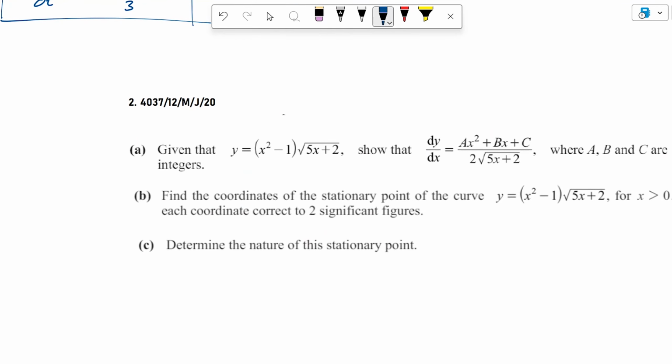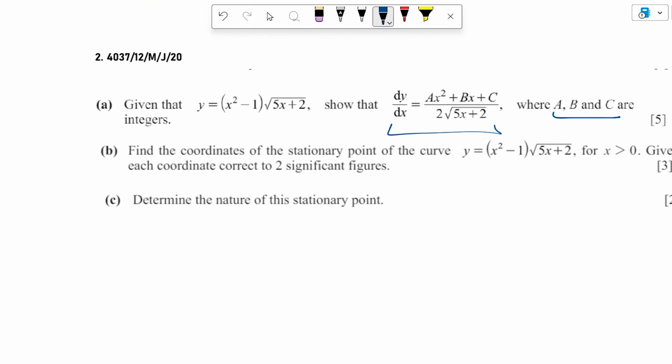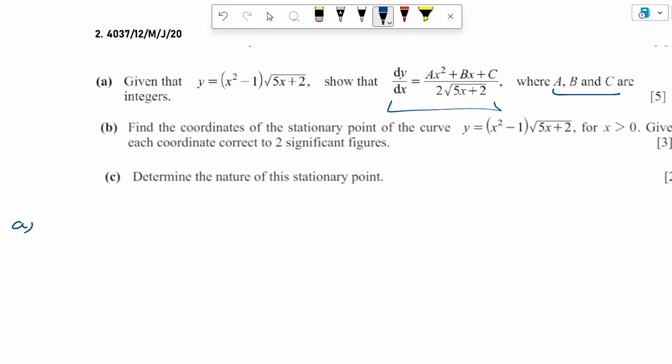So we have been given some equation and we need to show that dy over dx is in this form where a, b, c are integers. Okay, we can do that. So a, y is equal to x squared minus 1, 5x plus 2.